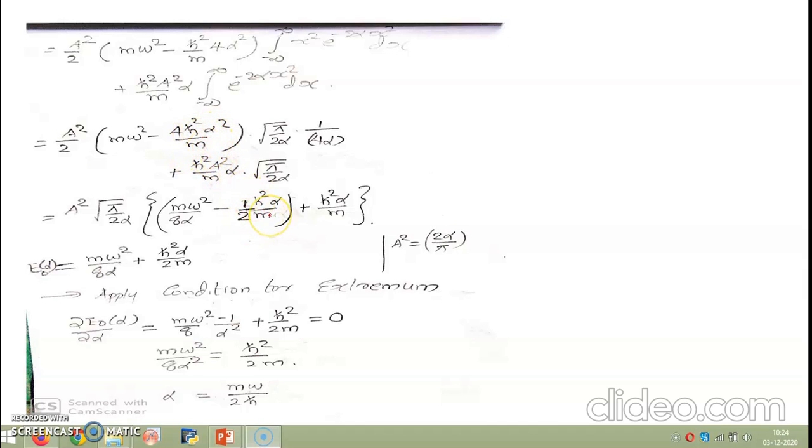So these terms repeated, plus root pi by 2 alpha is taken out. What remains is h bar square a square alpha by m. Make it say h bar square alpha divided by m. A square is already taken out. Now a square is nothing other than 2 alpha by pi. As we have seen earlier, a equal to 2 alpha by pi raised to 1 by 4.